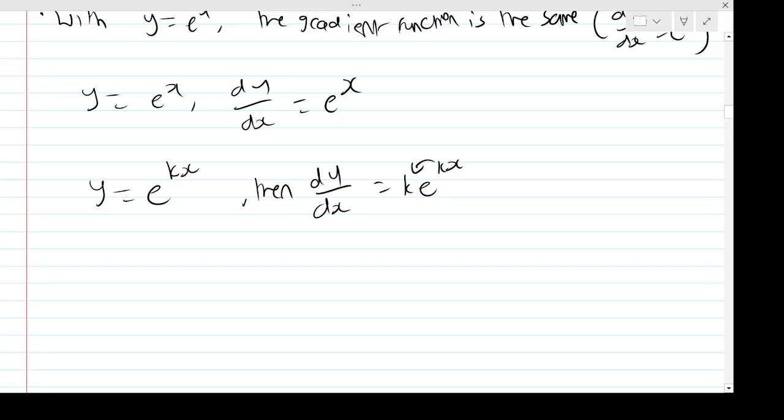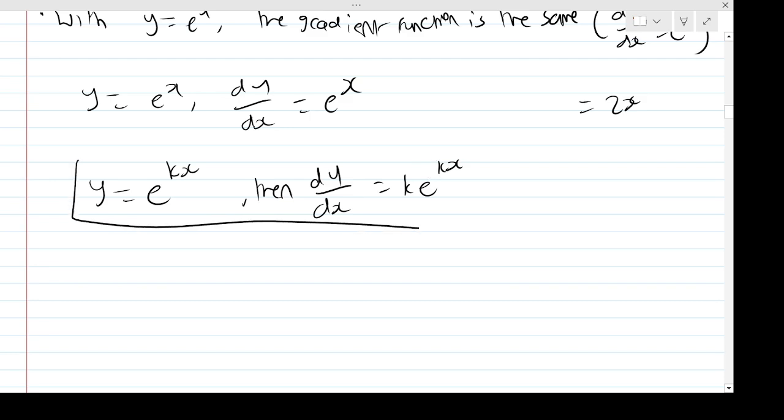So we bring the k to the front. It's very reminiscent of when we had x squared and differentiated in the differentiation chapter. We brought the power to the front, so that goes to 2x, and we knock one off. It's the same concept, pretty much. So the k in front of the x comes to the front when we differentiate.